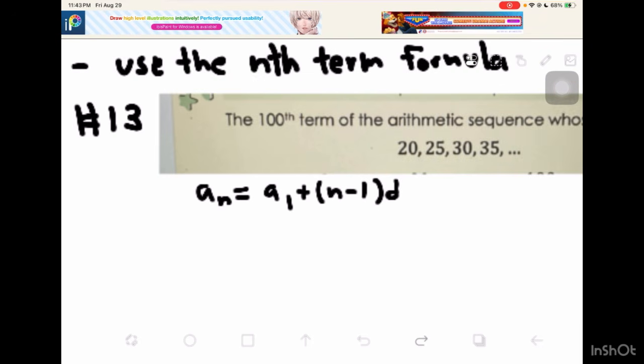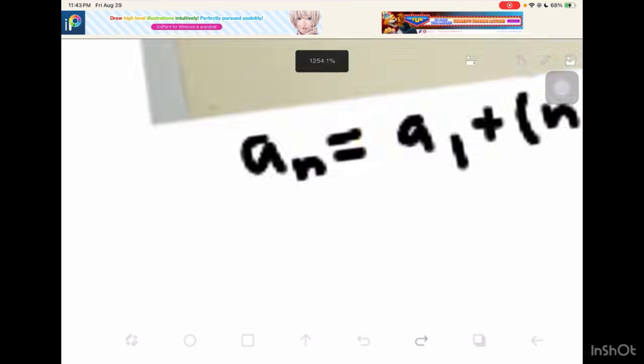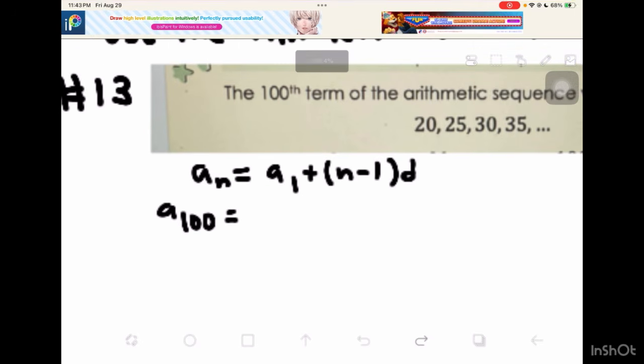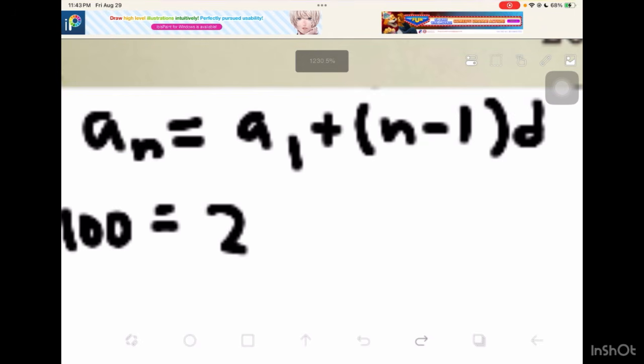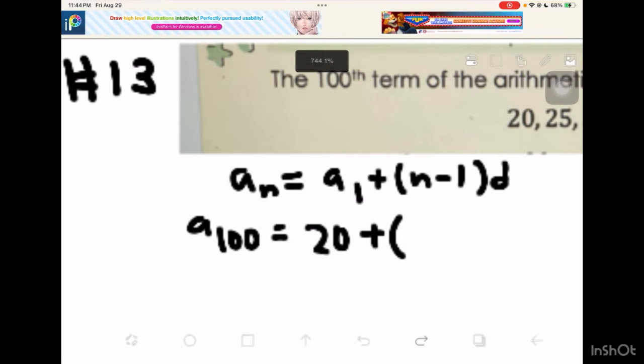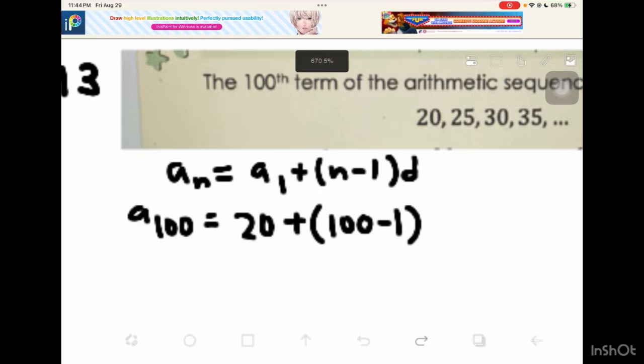Let's start with the given. So we want a sub 100, right? So we have a sub 100 is equal to a sub 1, that's our first term, which is 20, plus n, which is our 100th, because a sub n, so 100 minus 1, times our common difference.